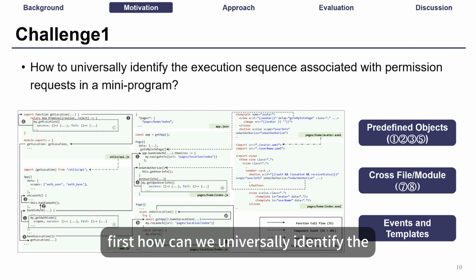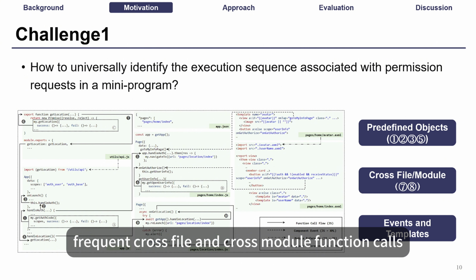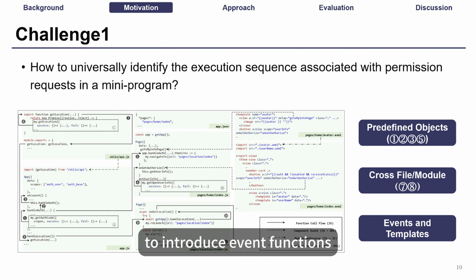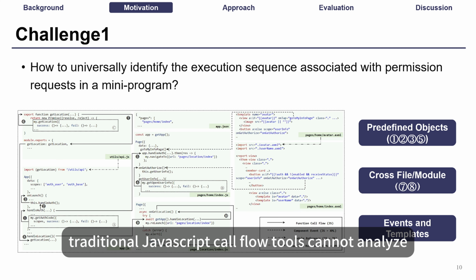First, how can we universally identify the execution sequence associated with permission requests in a mini program? Mini programs often use predefined objects like app and page, frequent cross-file and cross-module function calls, and template relationships to introduce event functions, which traditional JavaScript call flow tools cannot analyze.